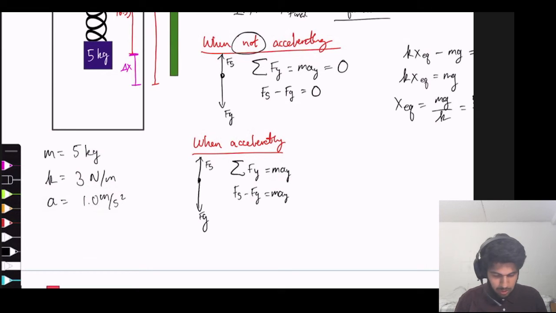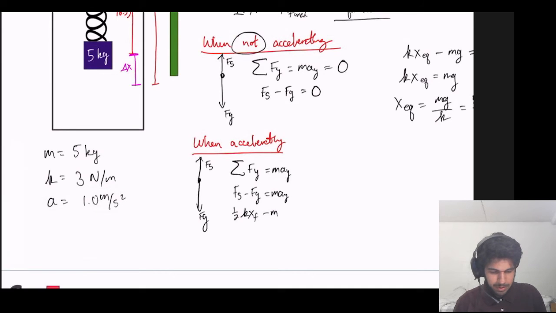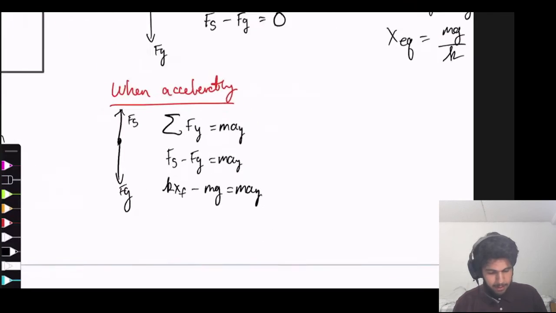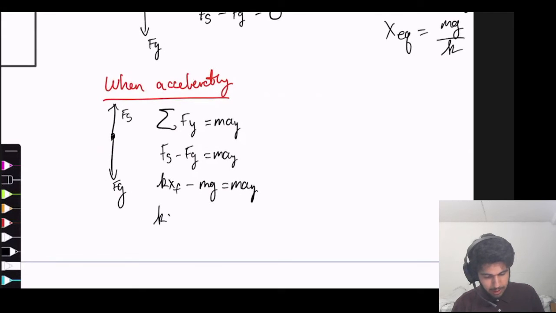So that means k x sub f, to denote final. No, sorry, that's not right. I was thinking energy. We want k x_f. k x_f minus mg equals m a_y. So k x_f equals m a_y plus mg.